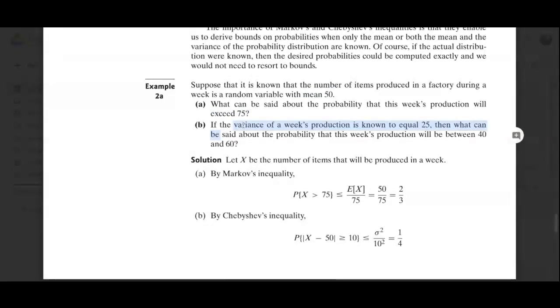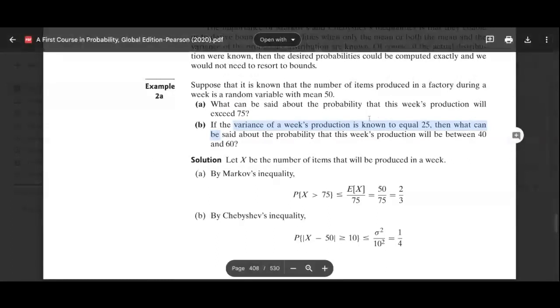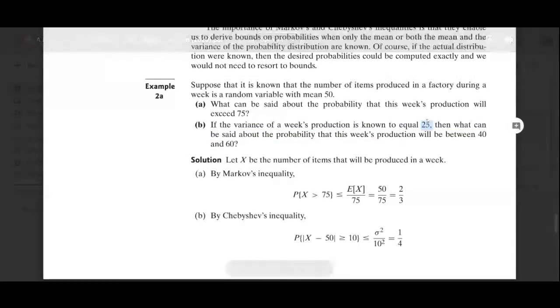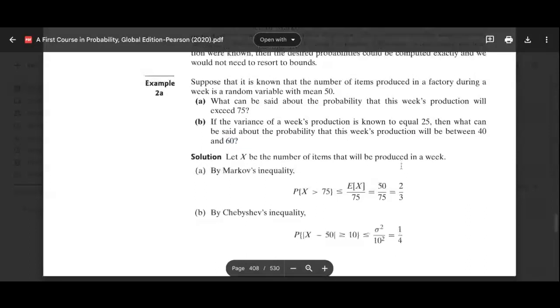B: if the variance of a week's production is known to equal 25, then what can be said about the probability that this week's production will be between 40 and 60? We will use Markov's and Chebyshev's, because this one is in between.